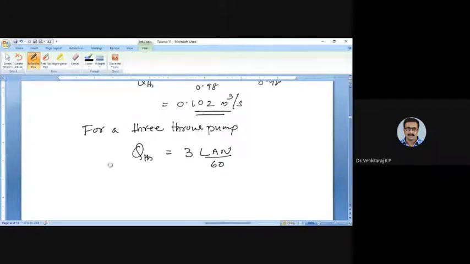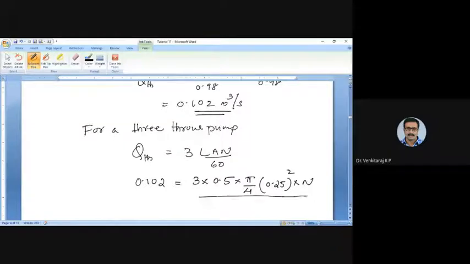So we can equate 0.102 equal to 3 times the stroke length, given as 500, so it is 0.5, times the area of the cylinder, pi by 4 into 0.25 squared, times N, the speed of the pump, divided by 60.